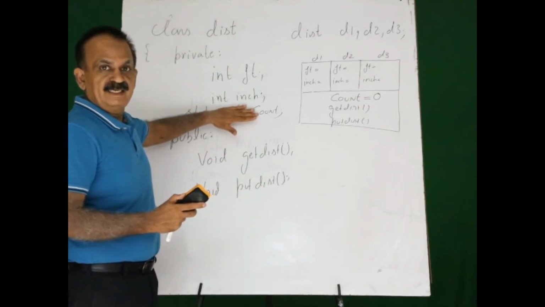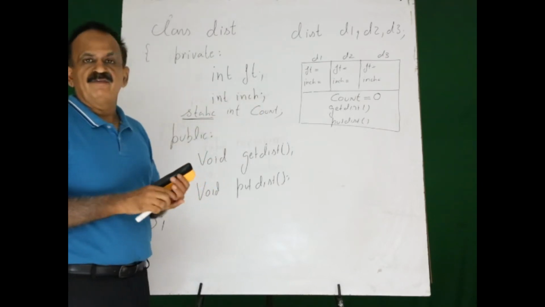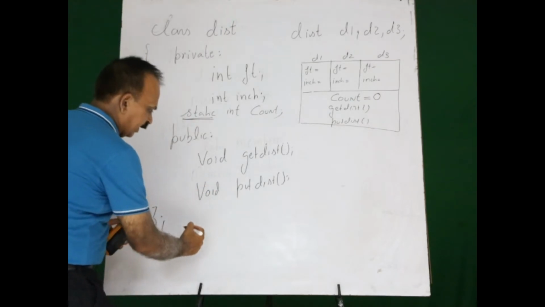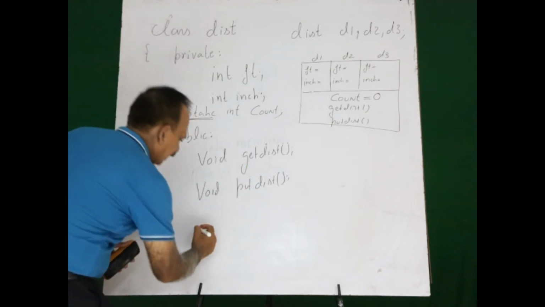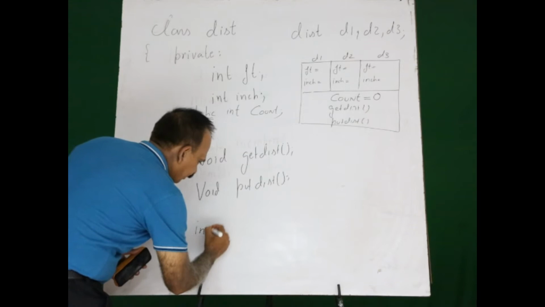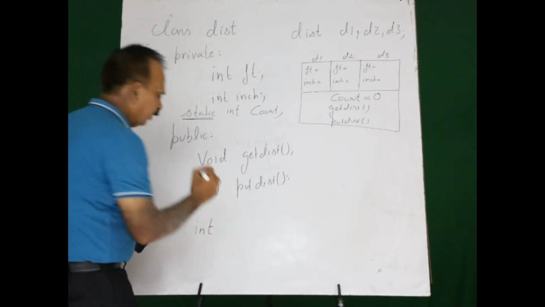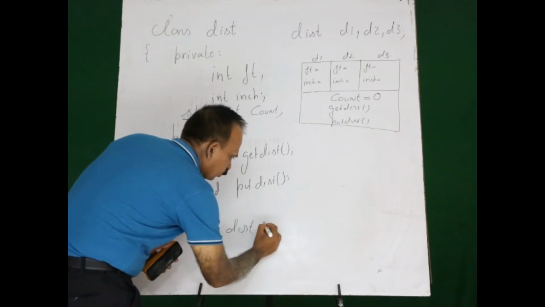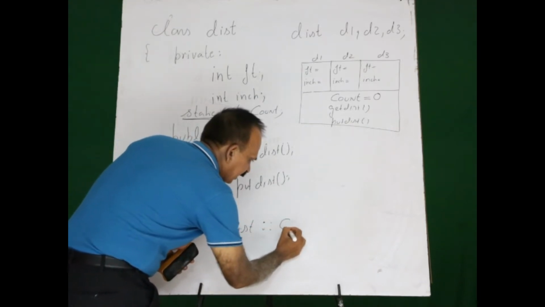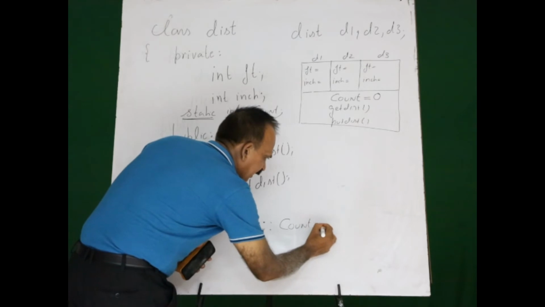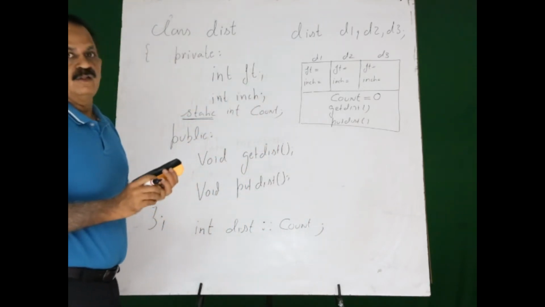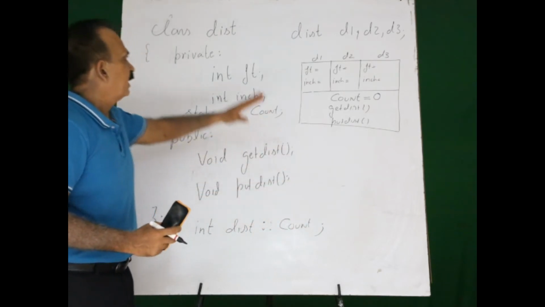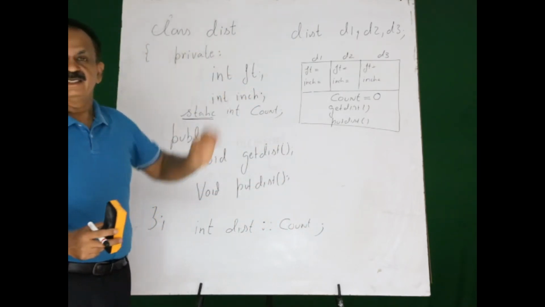And the third is, first I will be writing it here. Here I will indicate it as static. Another one, I will be associating this variable to the class by writing a statement after this, and that statement will be the type, that is int, then the class name, that is distance, the scope resolution operator, and then the variable name, and that name is count. Now this declaration associated this variable with the class, that class is distance.